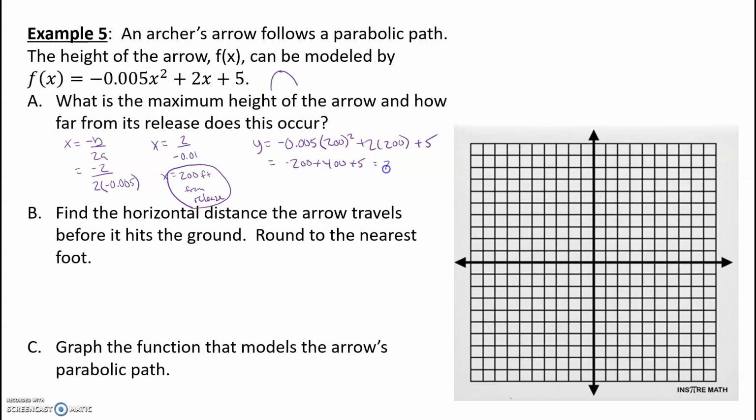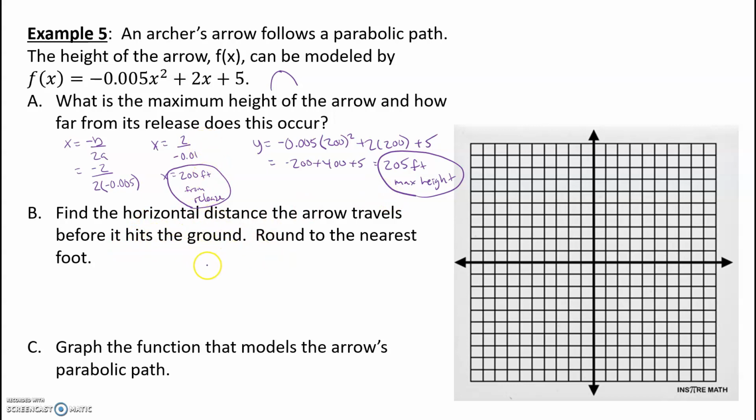So we wind up getting 205. So again, think about what this is representing. This is our highest y value. So that's our maximum height, 205 feet is our max.